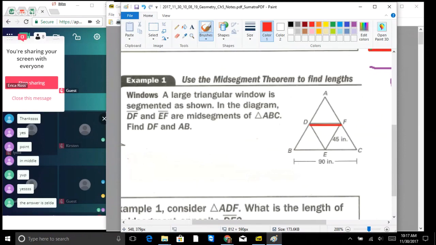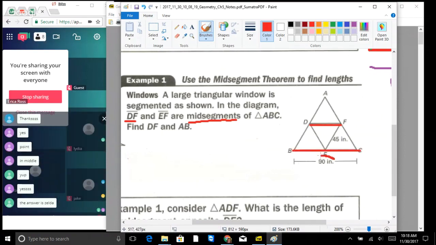We know that DF is the mid segment of ABC, and they also tell us that BC down here is 90 inches. So, since DF is the mid segment and BC is 90 inches, how long would DF be?